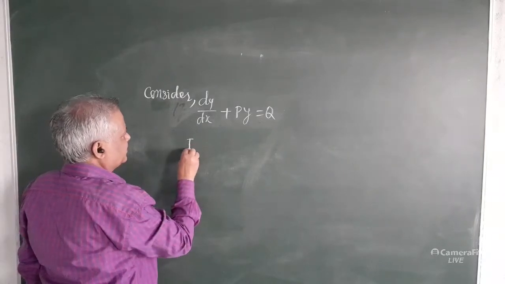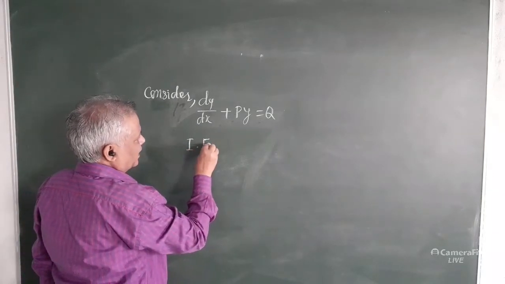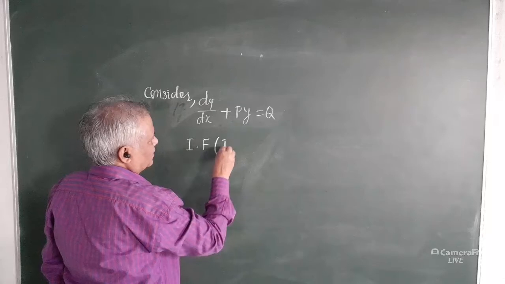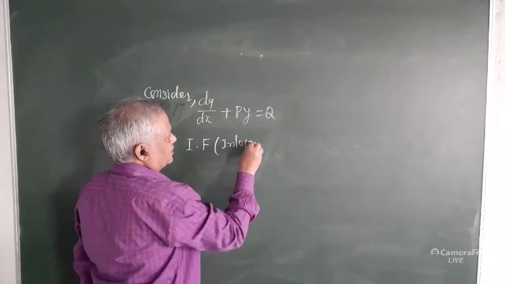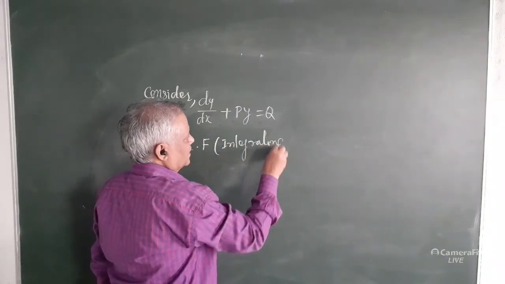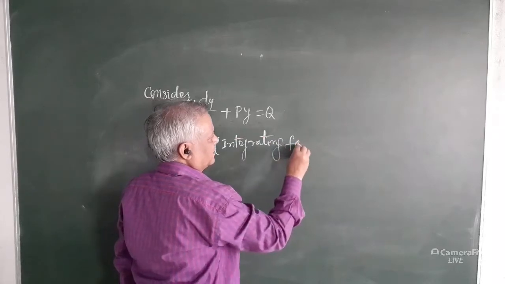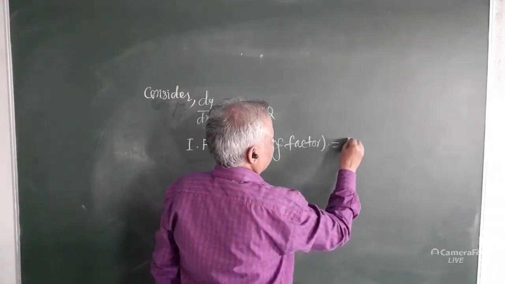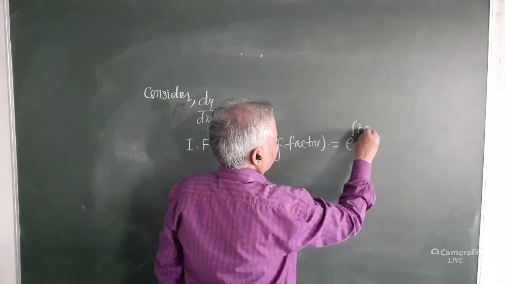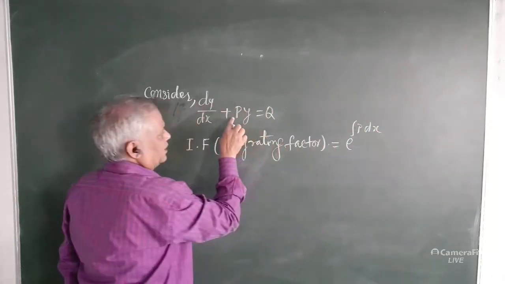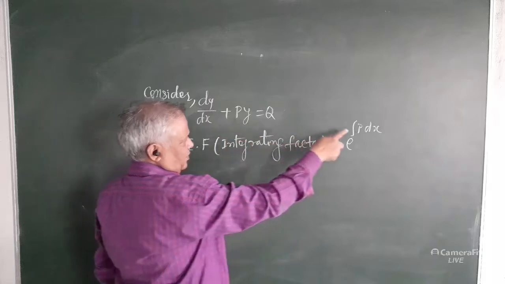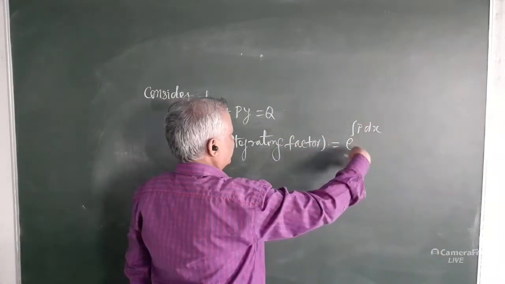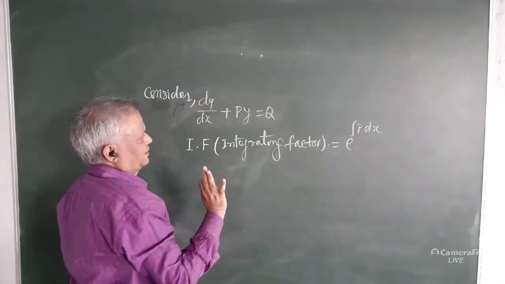There is an integrating factor, IF, and this is e to the power integral p dx. Whatever p be here, the coefficient of y, we write here and integrate it. What comes, that is the integrating factor.